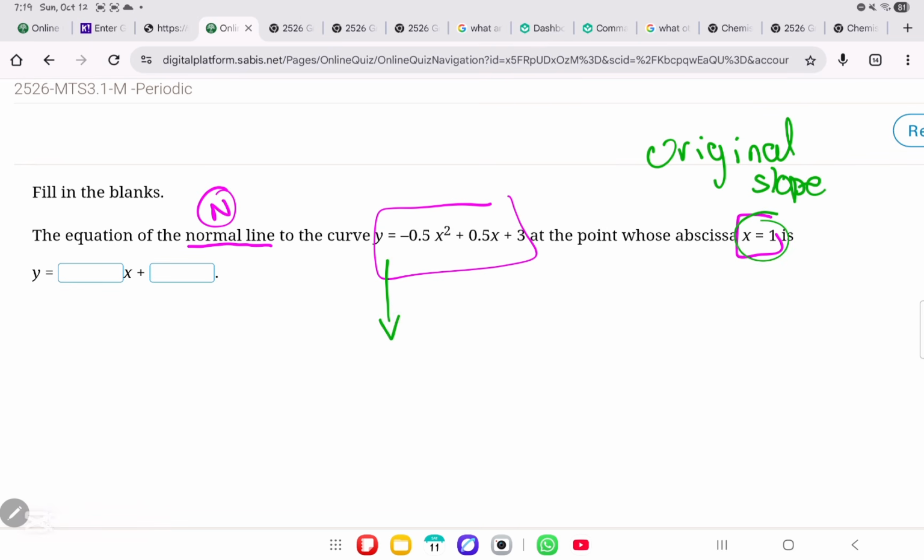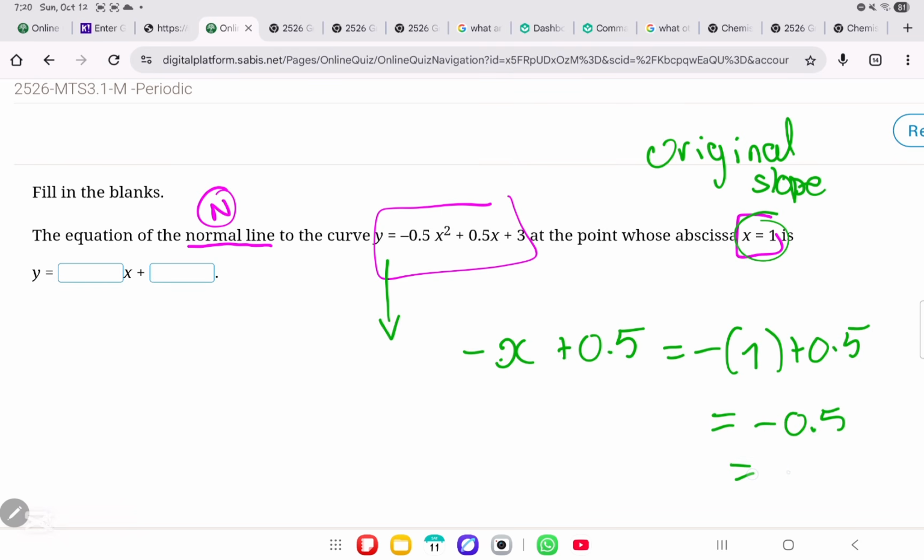So let's take the derivative of this. The derivative of this is going to be minus x plus 0.5. So now we need to substitute x by our abscissa, which is 1. So minus 1 plus 0.5, we will get minus 0.5, which is basically minus half, okay?